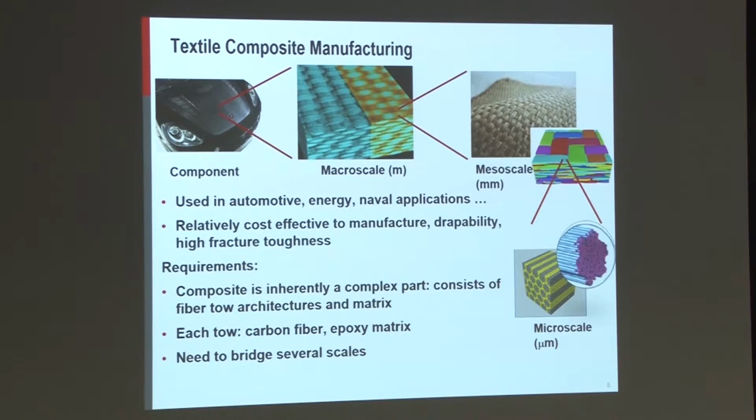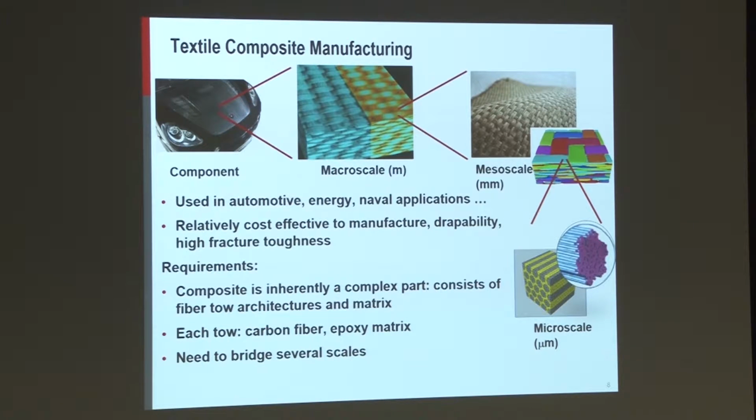They have different length scales ranging from microscale to macroscale, and the fibers that are reinforcing in these composites are of the order of a few micrometers. So this is a microscale structure, where bundles of these fibers are then woven or braided together to get sheets of fabric, just like your cloth, shown here.